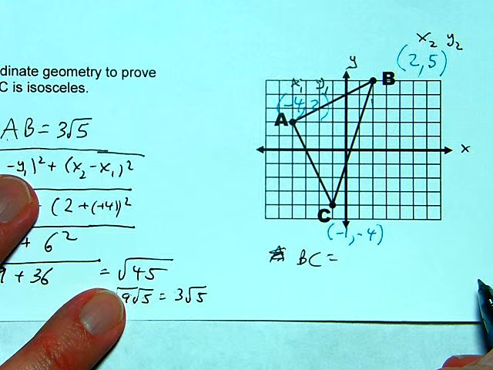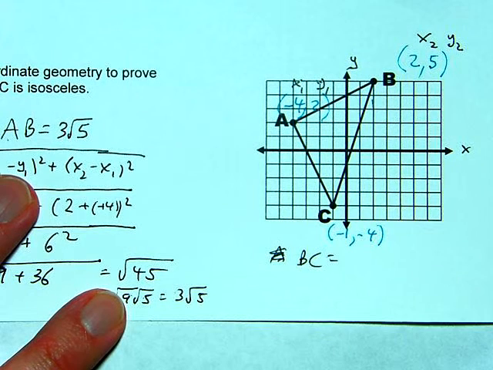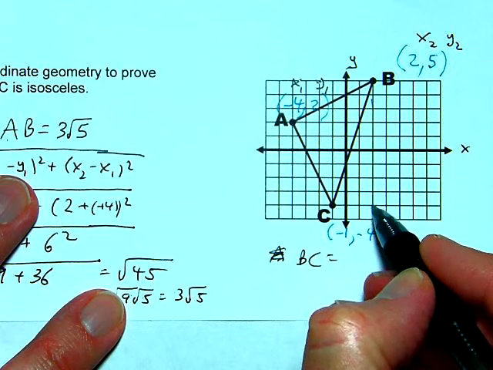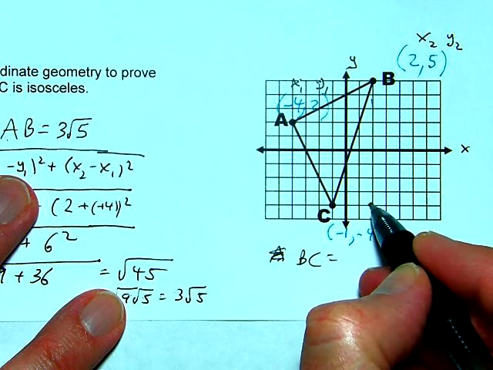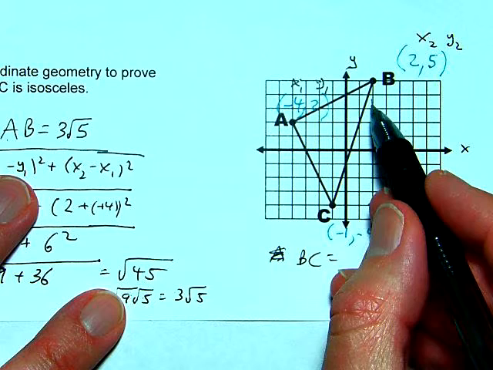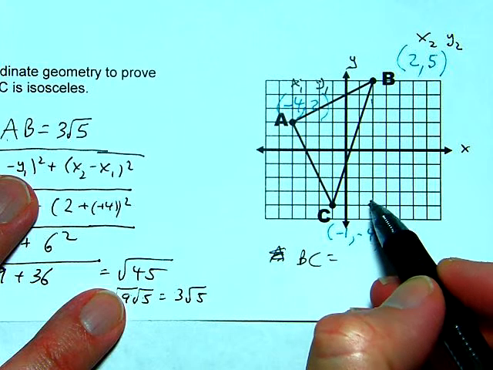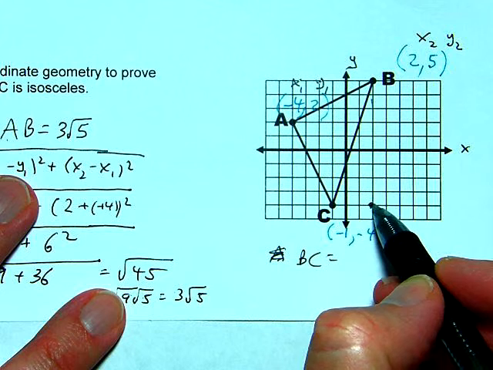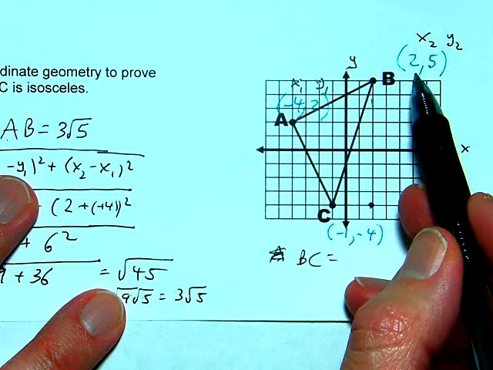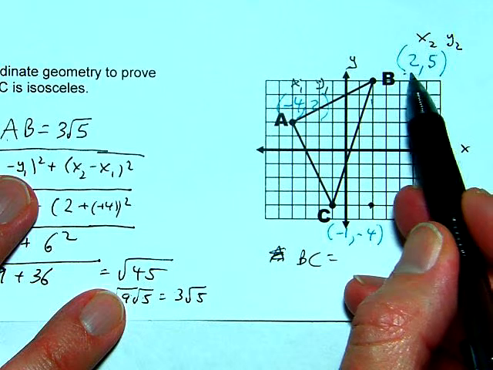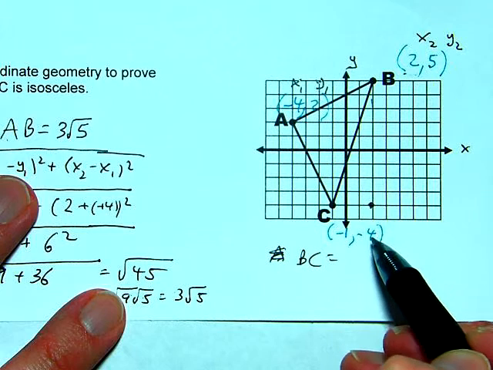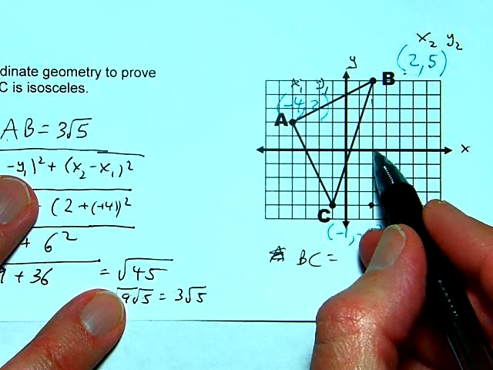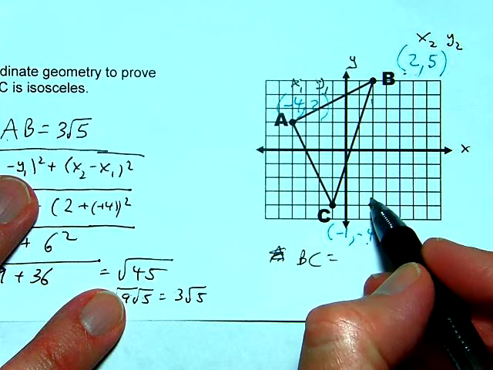So one of the ways to locate where the vertex of the right triangle will be is either by sight, so we can go vertically down from B and then horizontally across from C and where they meet, or we can use the x value from one of the coordinates, like here 2, and use the y value from the other coordinate here, negative 4, so that we know we can go positive 2 and then 1, 2, 3, 4, negative 4.